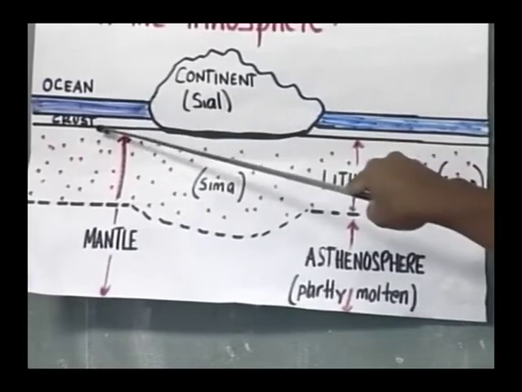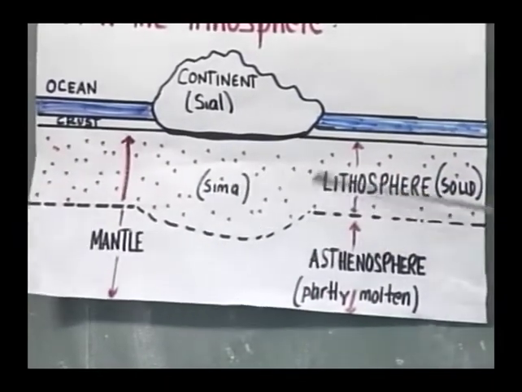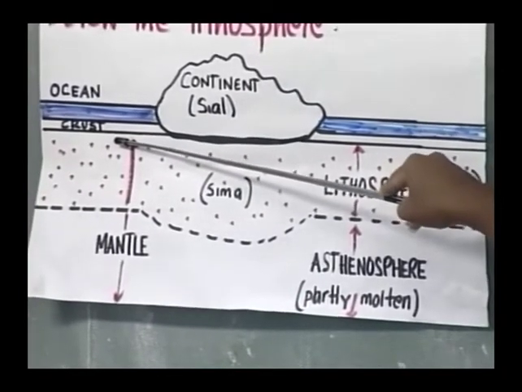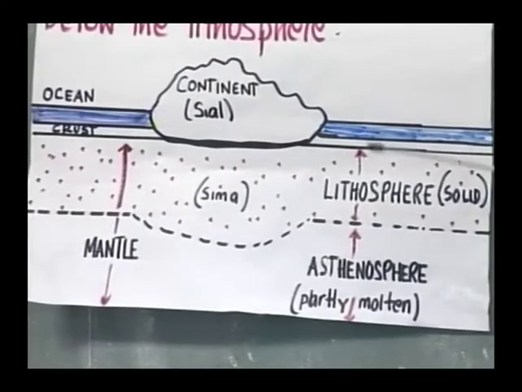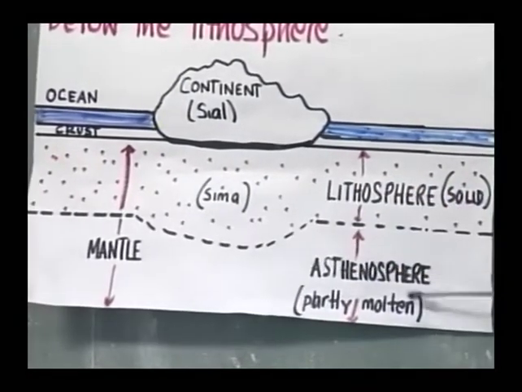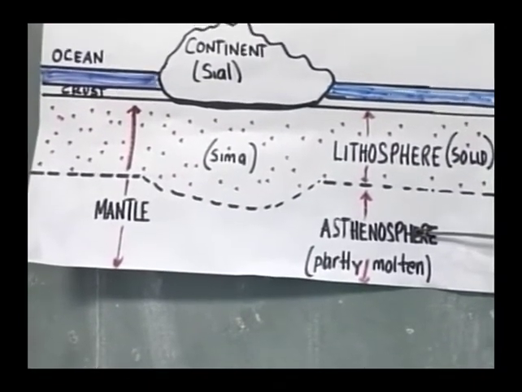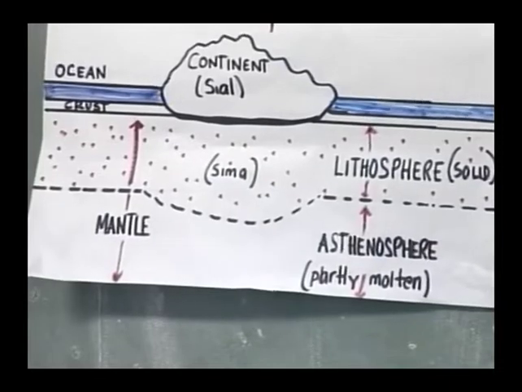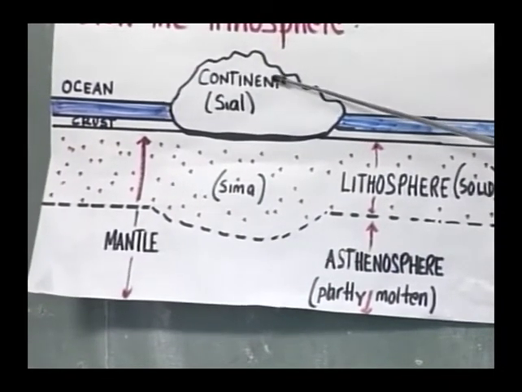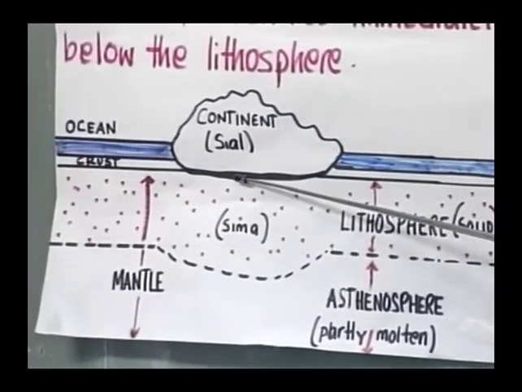As we move away from the crust now, we come to this area here, which is the mantle. This whole area here is the mantle. That's directly below the crust. It is this layer here, which is partly molten, which is the asthenosphere, that then contributes to the movement of the lithosphere, of which the continents, which sit on the crust, move with it when it moves.